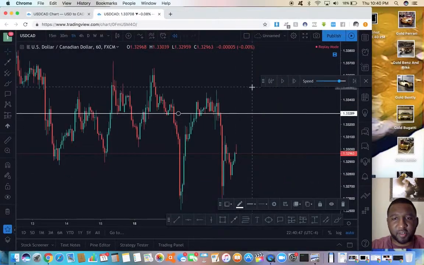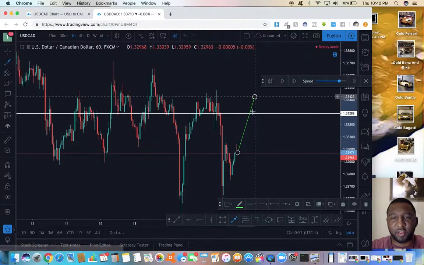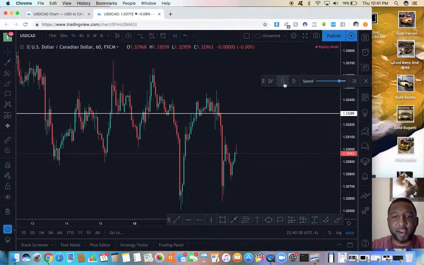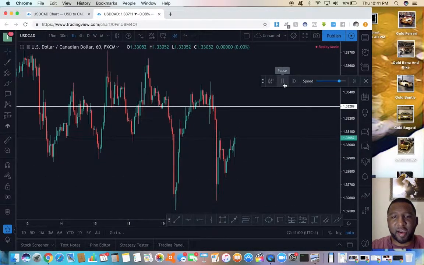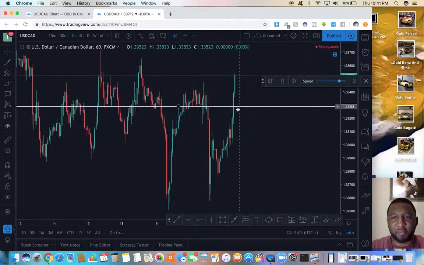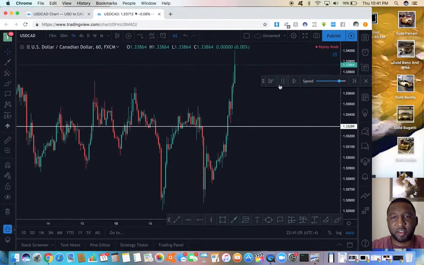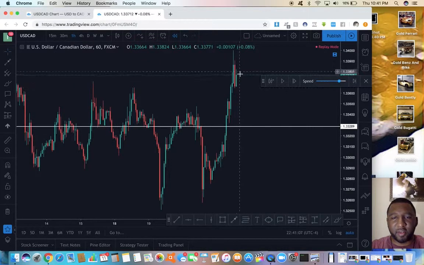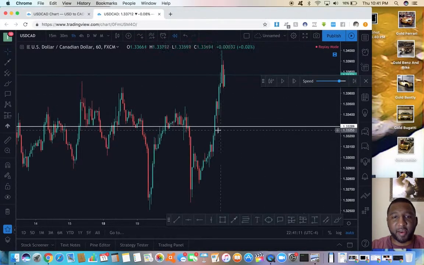You expect it to come up, right? Moving this direction, and you want to be put in the trade when it gets there. You put in what's called a buy stop, right? A buy stop, and when it gets to that point, boom, it puts you in the trade, and now you're making money, right?